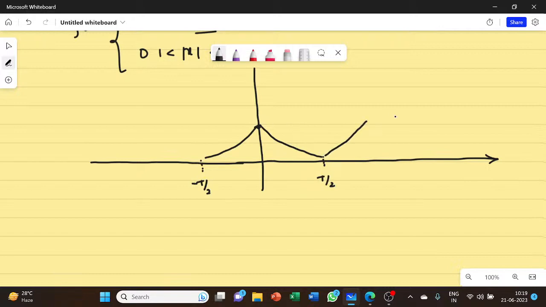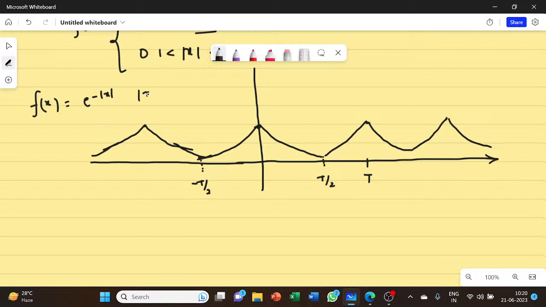It is 0. At exact t, it will again show the same pattern. Again, if I say that my function f of x is simply e to the power minus mod x for all mod x less than t by 2, and function f of x is periodic with period t. So what will happen?